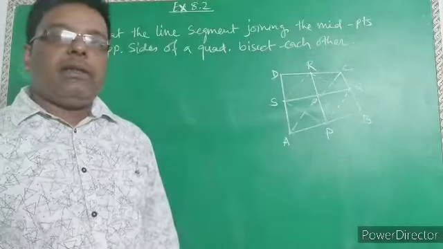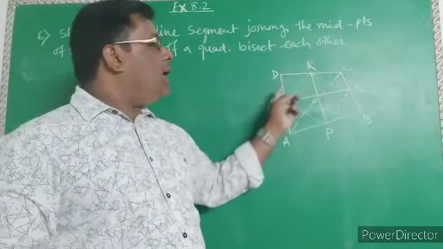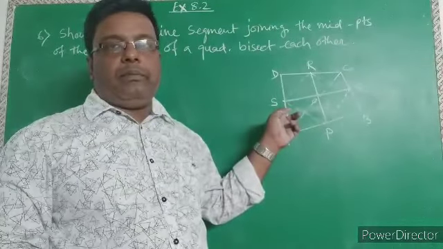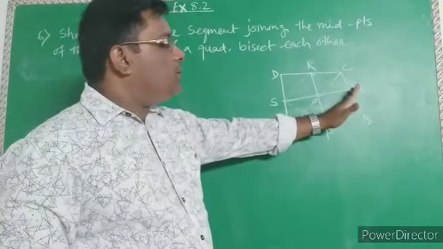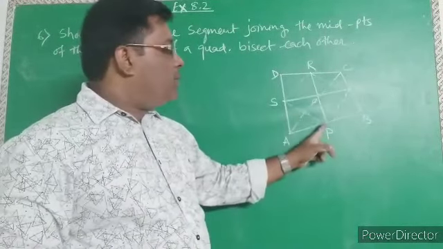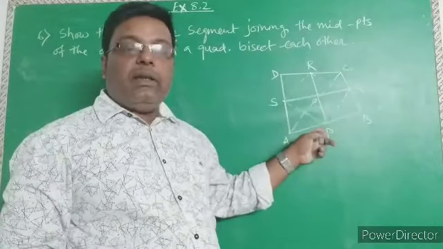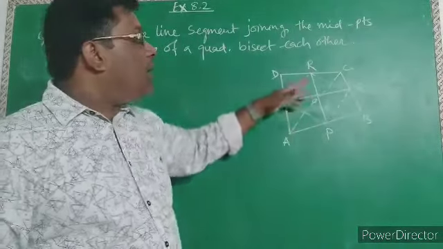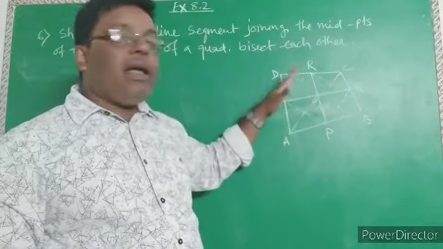And from this, first we will prove that PQRS is a parallelogram. So, how do you prove it? PQ joins the midpoints of AB and BC, so it is parallel to AC and half of AC. Similarly, RS is parallel to AC and half of AC.